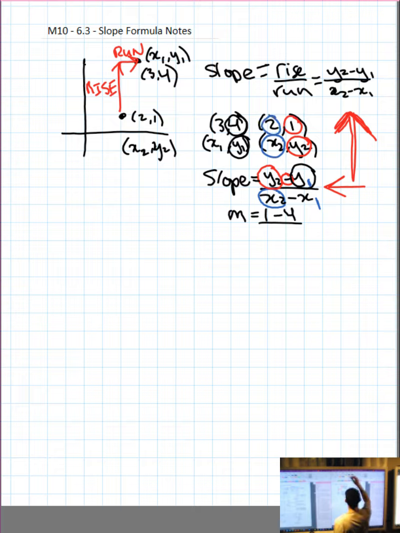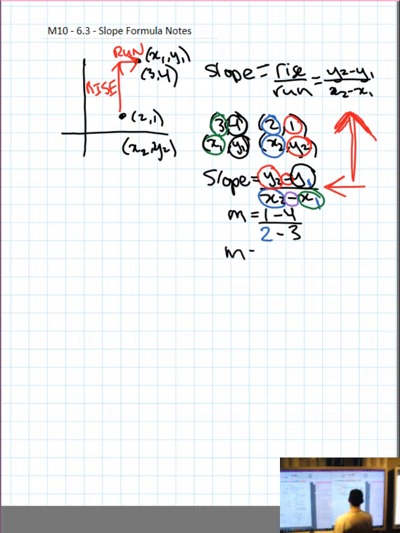So it's 2. So I'm going to do 2. Then the next thing in the formula in purple is a minus sign. So I'm going to put a minus sign between. And then x1 I'm going to circle in green, is x1, which is 3. And then I'm going to put that in the formula, 3.